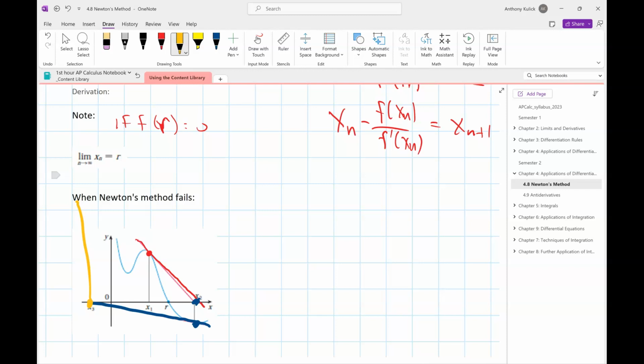Now, would I expect you to make that accommodation here when we're doing this by hand? Definitely not. But I wanted to point out, when I do it on my calculator, it always comes up with an x-intercept. If there's an x-intercept there, it finds it. Why does it work there?